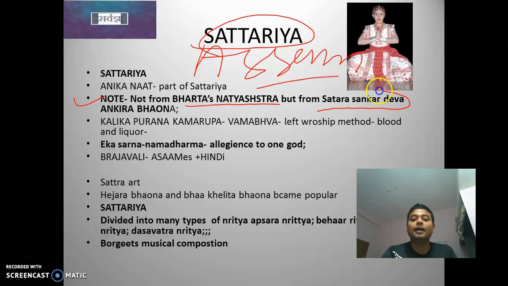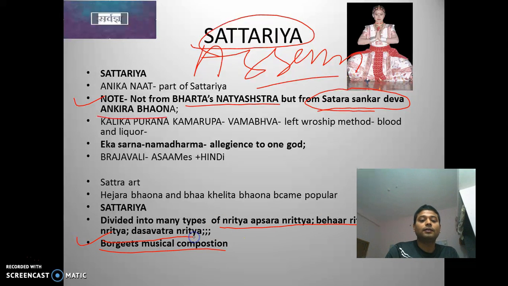Rather, it is given in Sankardeva's text. Next, the difference is it includes Borgits and Sangits. Then different types include Nritya, Apsara Nritya, and Dasavatara Nritya. So on different occasions it is performed in different forms.